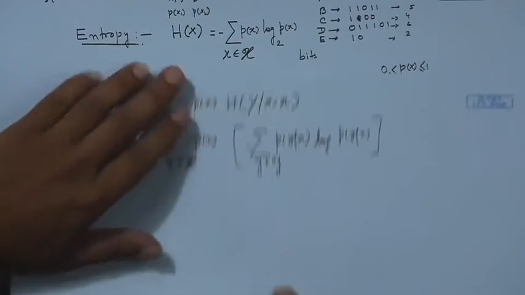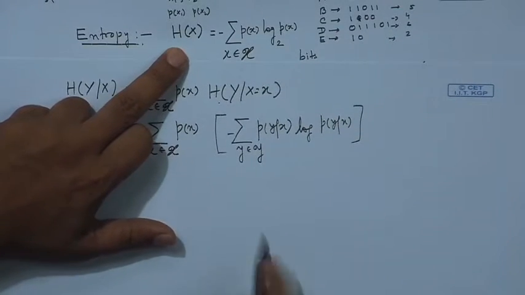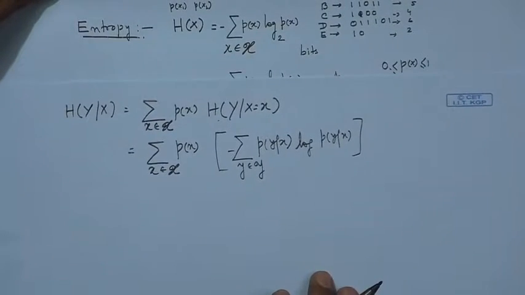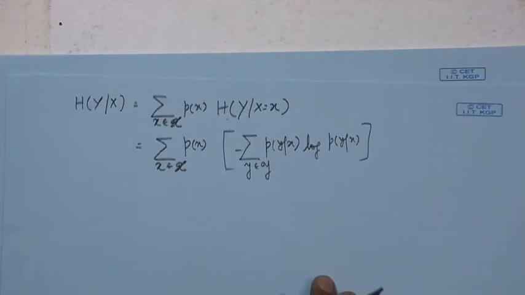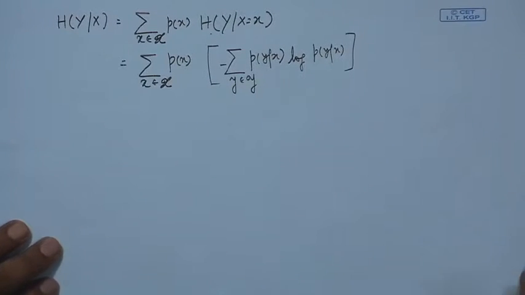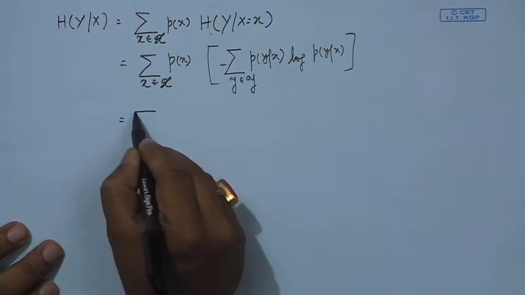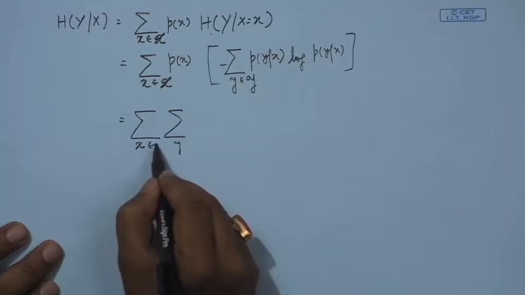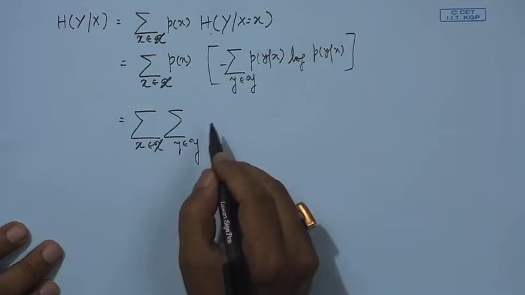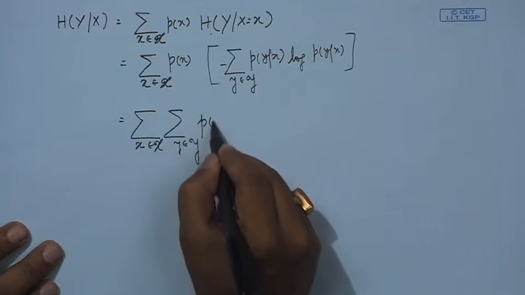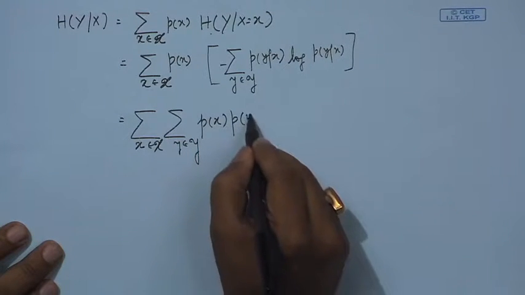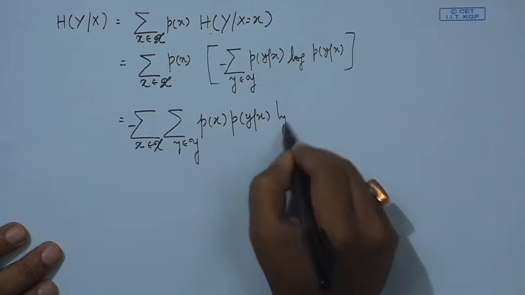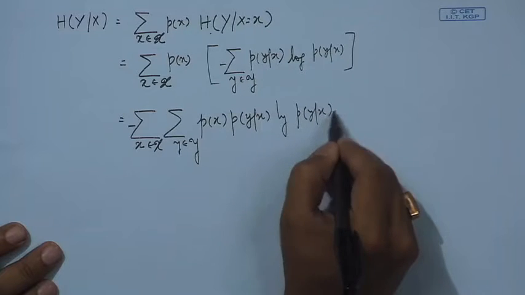So going by this, we could write this as the sum over x, sum over y, of p(x) times p(y given x), where the minus sign comes out, log p(y given x).